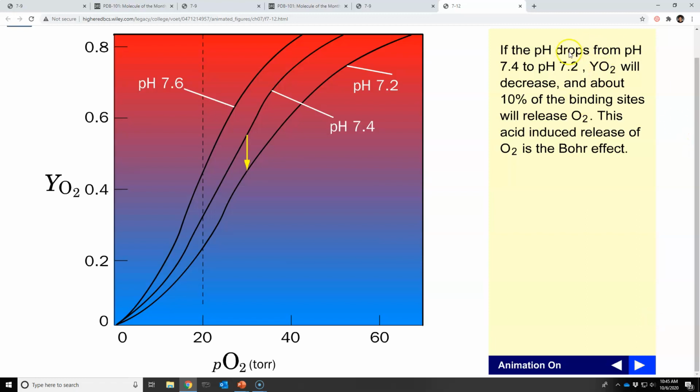So if the pH drops, which it will in the vicinity of the muscle cell when it releases CO2, which then reacts to form protons, the pH goes down. This arrow right here represents the increased amount of oxygen that can be delivered to cells when the pH goes down.